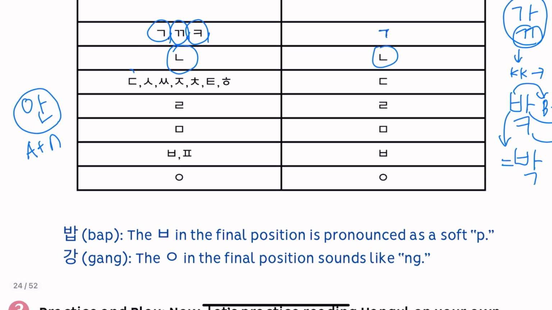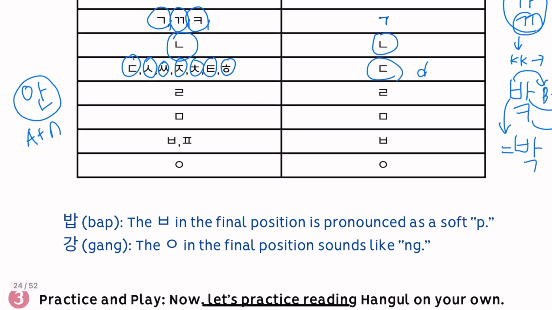And for the case of the d sound, c sound, s sound, z sound, chi sound, t sound, and h sound, it all goes like the d sound. So for example, one of these, this one, this is the j sound, ta, and this ta.